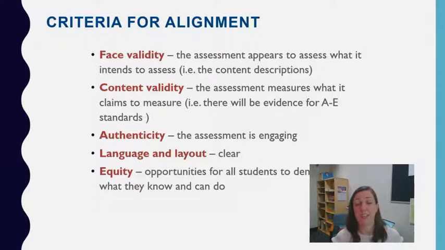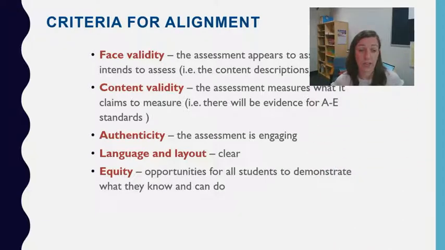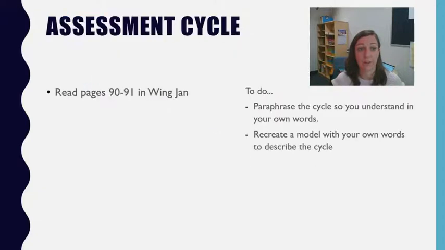Authenticity: is the assessment engaging? Language and layout: is it really clear? So if I were to pick up your planning and assessment, is it relatively logical that I would be able to use it in a classroom? And equity: opportunities for all students to demonstrate what they know and can do. And you'll see the QCAA provides really detailed information about those criteria for alignment.